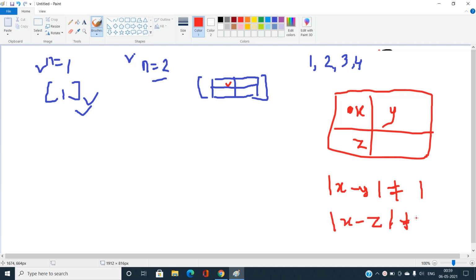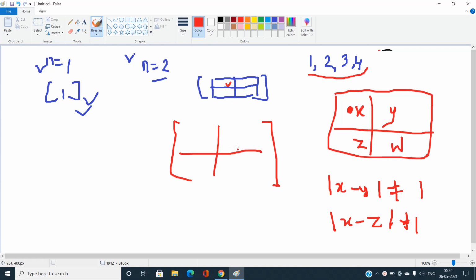And let's say it has a w, then y and w should also satisfy this relation, and similarly z and w. So if n is 2, I have to fill up the matrix with these values. It doesn't matter which numbers you fill in this matrix, you will always find that the adjacent cell difference is 1 for at least one pair of cells.